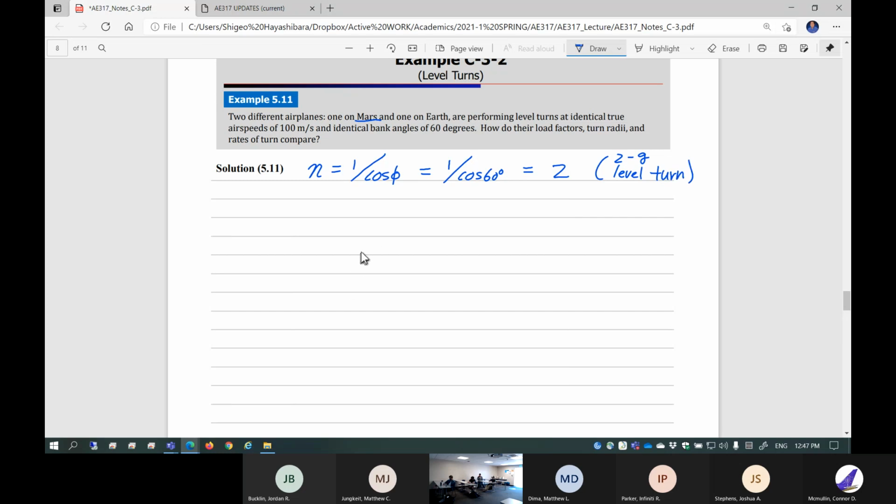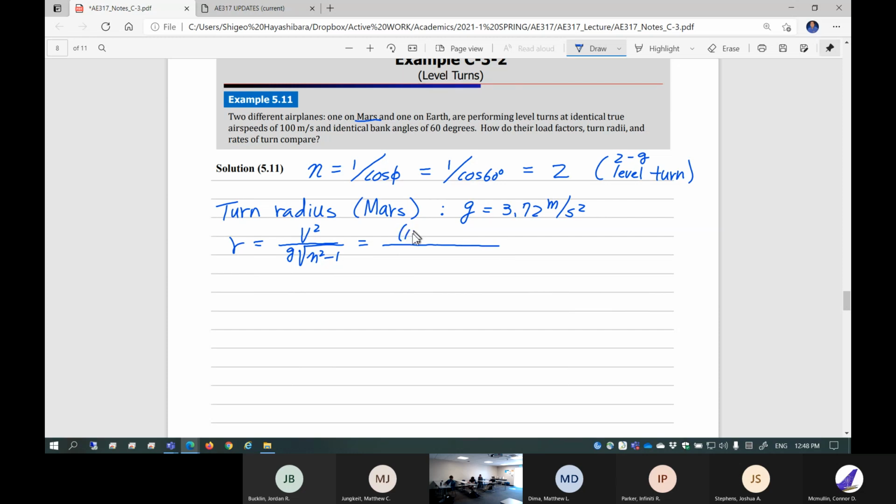Okay. So for the 2G level turn, let's take a look at the turn radius. First of all, Mars. Mars gravity is 3.72 meters per second squared. So turn radius equation-wise is V squared over g square root n squared minus 1.